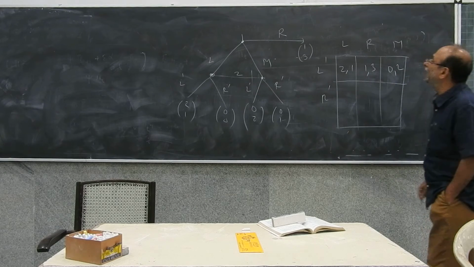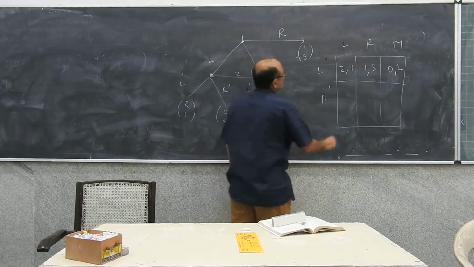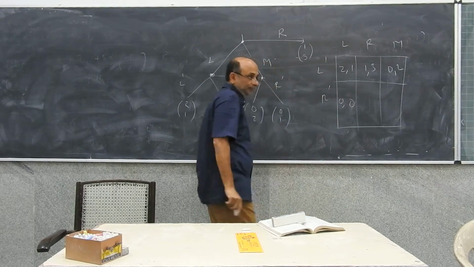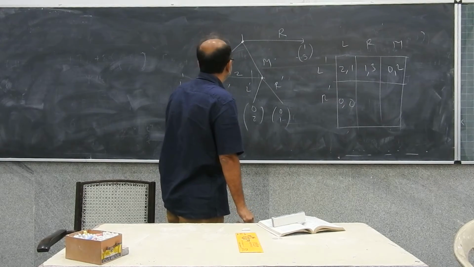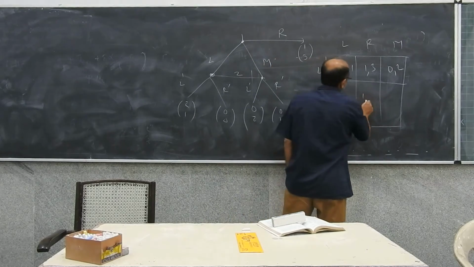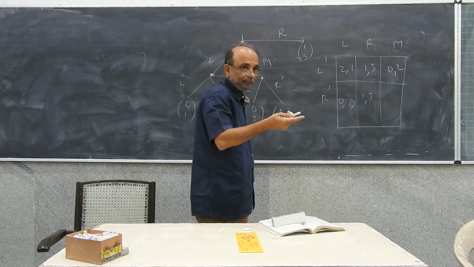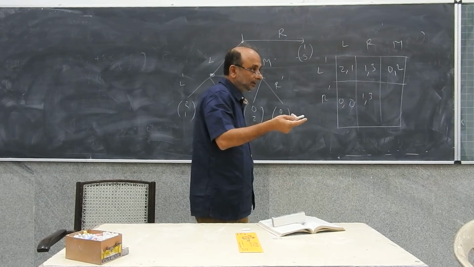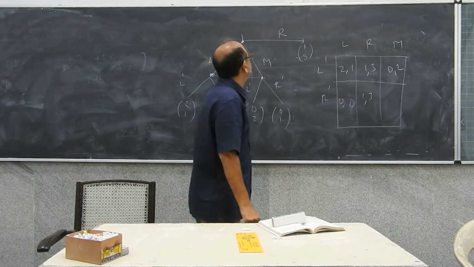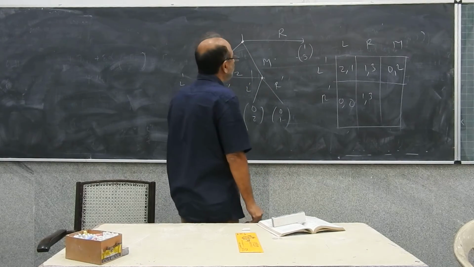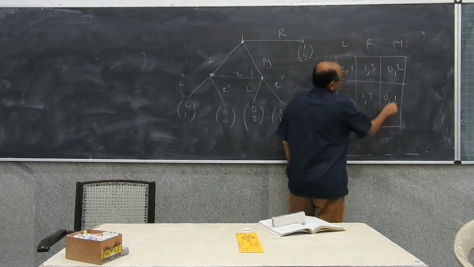Player 1 plays L and player 2 plays R dash, what are the payoffs? 0, 0. Player 1 plays R, player 2 plays R dash, payoffs are 1, 3, because the game ends. In this normal form, the players are saying what they will play.